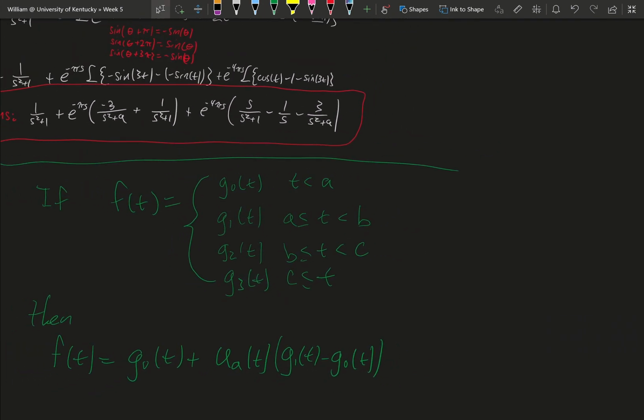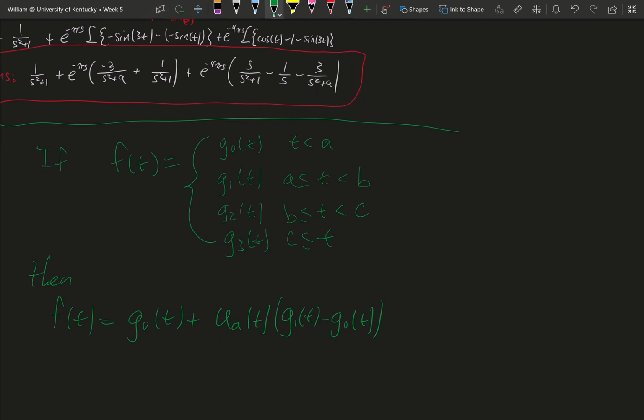Then essentially what we're multiplying by the Heaviside function for, let's say, b, is whatever we want it to be minus just what it just was, essentially.